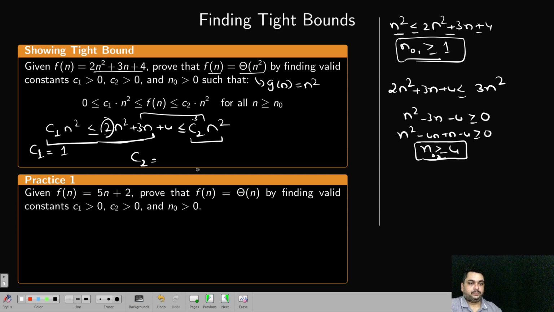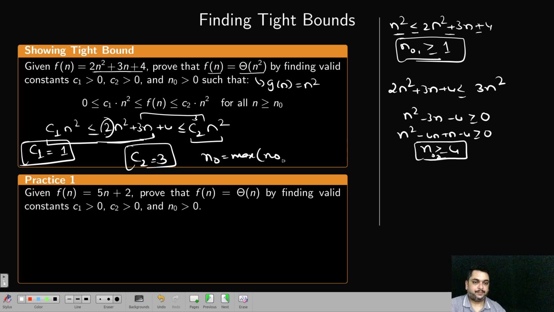Now C2 is fixed, so these are fixed. Now what is the n naught value? N naught will be equal to the maximum of n naught 1 and n naught 2, because it has to apply for both, since g of n remains the same. So n naught should be greater than or equal to 4. So 1 and 4, the maximum is 4, so 4 is the answer for n naught.